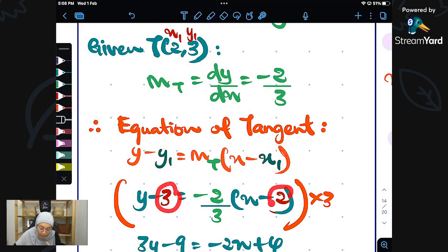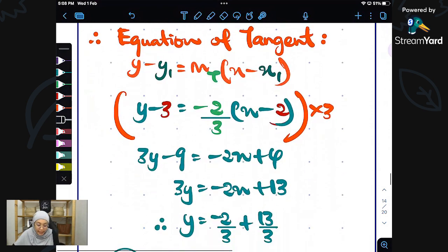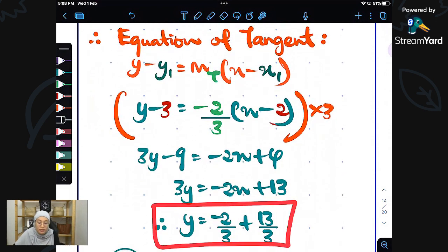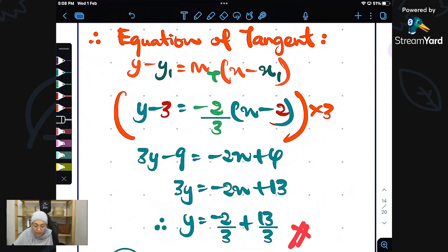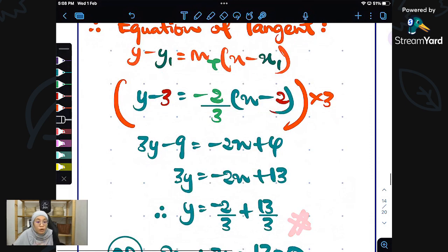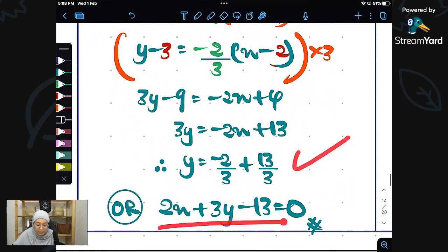You sub in everything, the point T as well as the gradient, and you solve it, you will get this equation. So that is our answer, the equation of tangent. You can leave your answer like this, y equals negative 2 over 3 x plus 13 over 3, or you can leave your answer like this, 2x plus 3y minus 13 equal to 0.